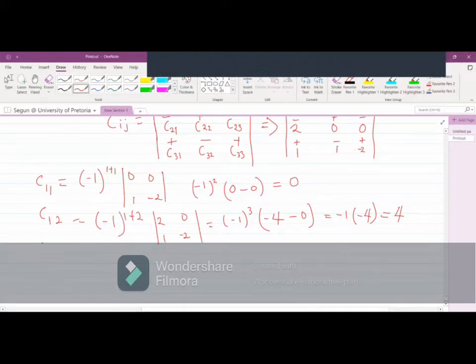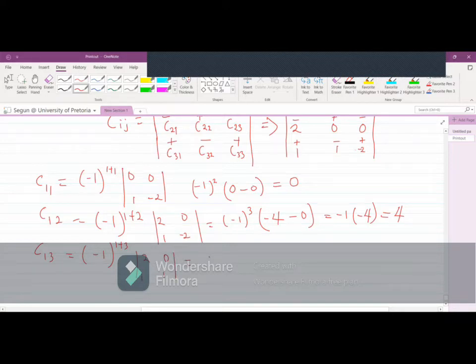We can do the same thing to C13. C13 will be minus 1 raised to power 1 plus 3. We have it to be what? The minor matrix will be 2, 0, 1, 1.